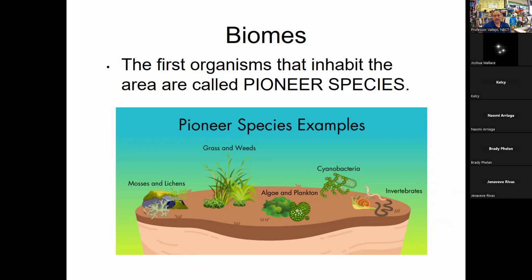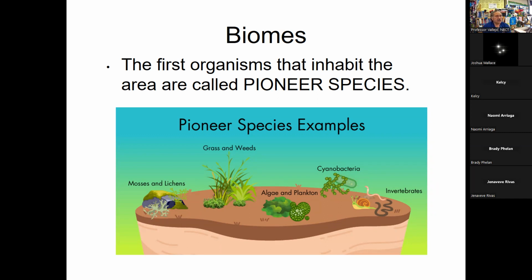In the graphic, one of the really good ones is a lichen. Lichen is a symbiotic relationship between algae and fungi. If you've been hiking in the Pacific Northwest and cooler regions of California, you often come across lichen. It looks like moss. Some people call it moss, but it's not. But as you can see in the picture, you have mosses and lichens.